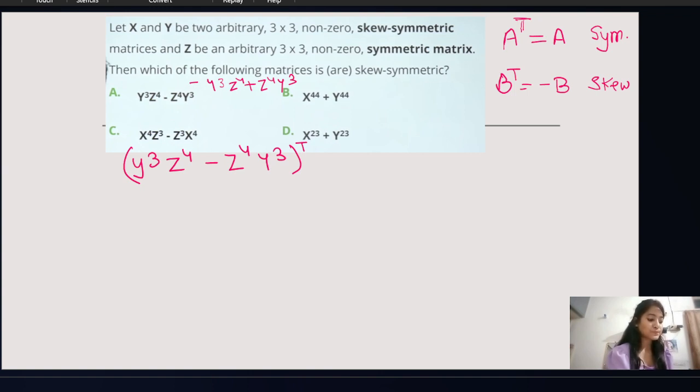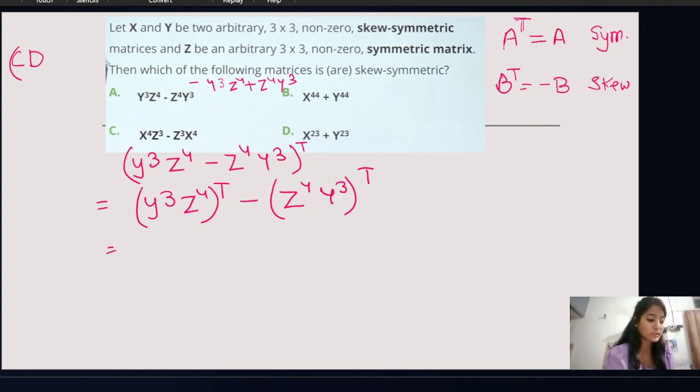We have to remember the transpose properties also, because we are going to use them here. While opening the transpose, the transpose will distribute over the terms, and here we get the transpose of Z^4 Y^3. When we open the transpose of multiplied matrices, we have to interchange the positions.